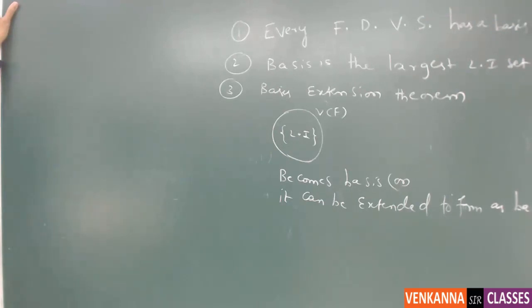That is called the basis extension theorem. Whenever you take a linearly independent subset in a vector space, it may become a basis. If it is not a basis, then it can be extended to become a basis, by adding some more independent vectors to that set.